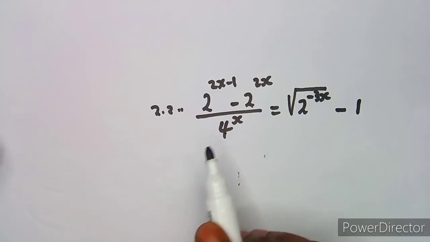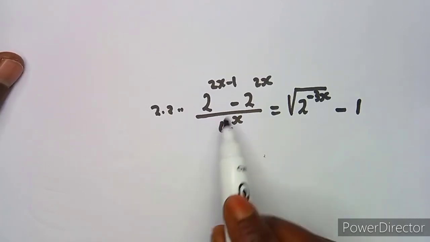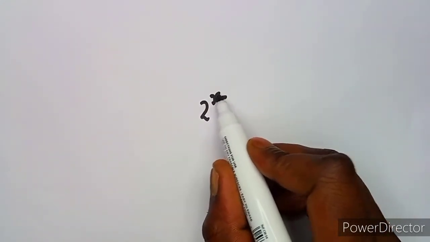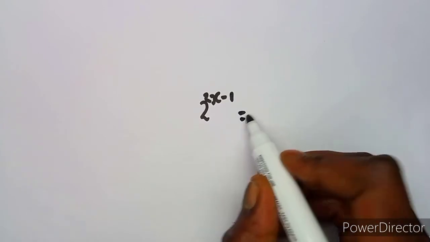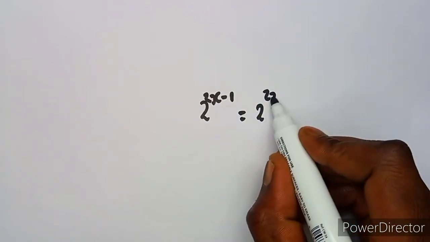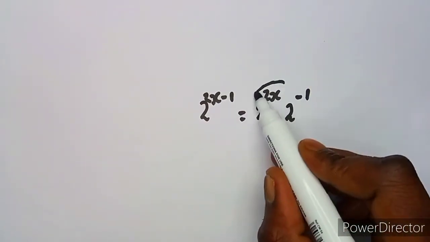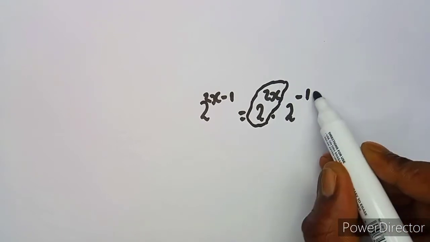All right. So the first thing here is that on the top we can actually factor out, because remember 2 to the exponent of 2x minus 1, like this, is the same as 2 to the exponent of 2x times 2 to the exponent of negative 1. So which means this can be separated and you remain with 2 to the exponent of what?